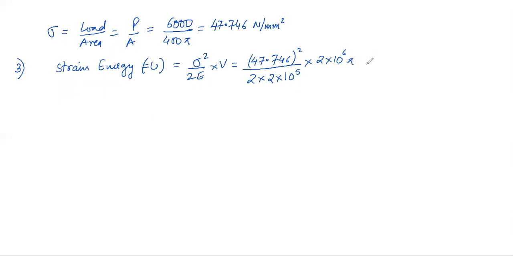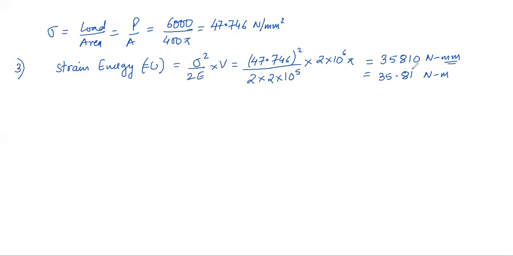When you calculate this expression, you will get the strain energy, that is 35810 Newton mm. In terms of Newton meter, because it is in mm, we divide it by 1000, so we'll get 35.81 Newton meter.